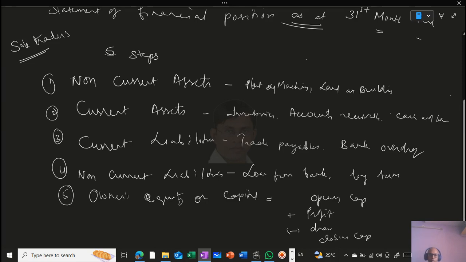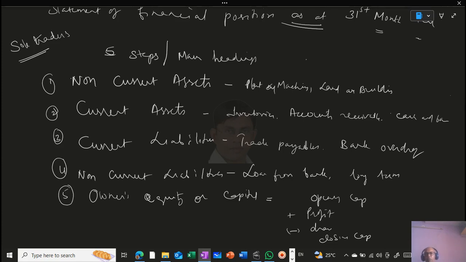Ultimately we have to show closing capital as a net figure. So these are the five steps, five main headings or five items.